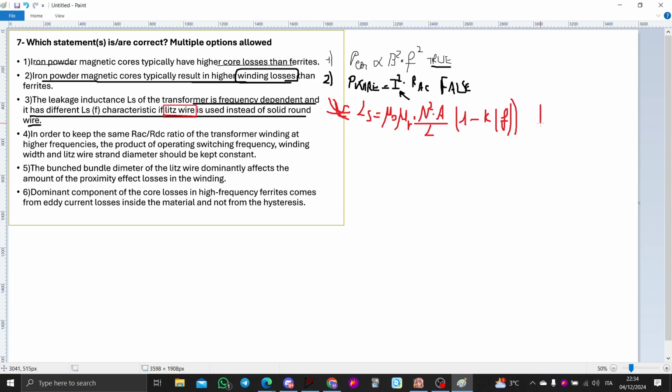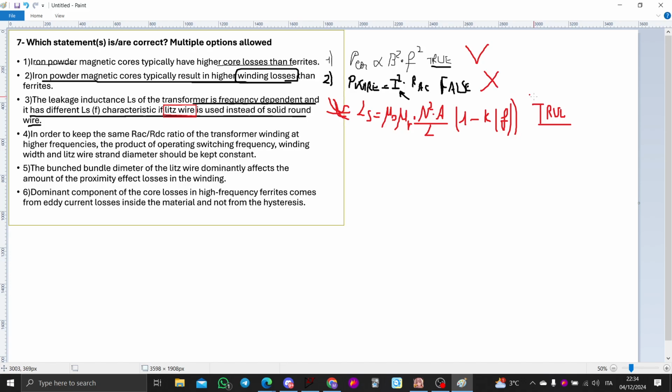And so this is true. Since the Litz wire modifies the skin effect, and the skin effect is frequency dependent, when the Litz wire is used the leakage inductance is indeed modified. Yes, so the third is true.